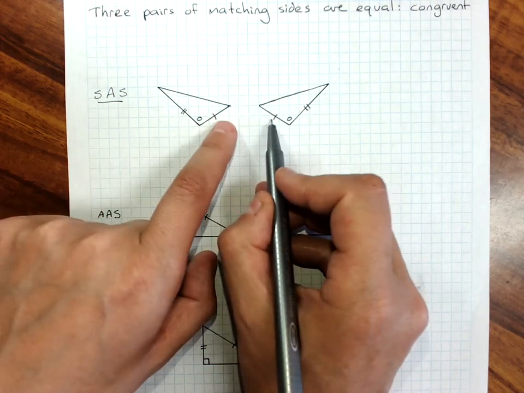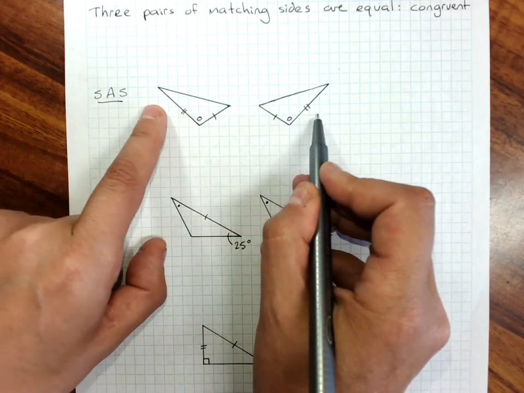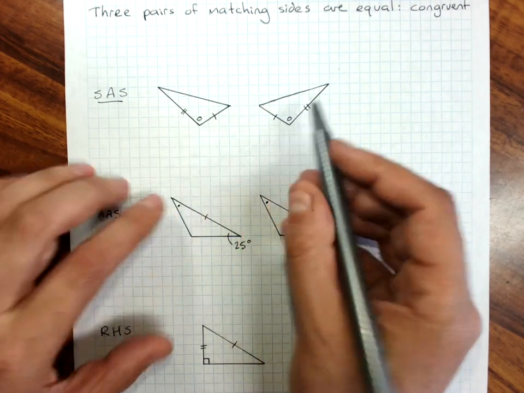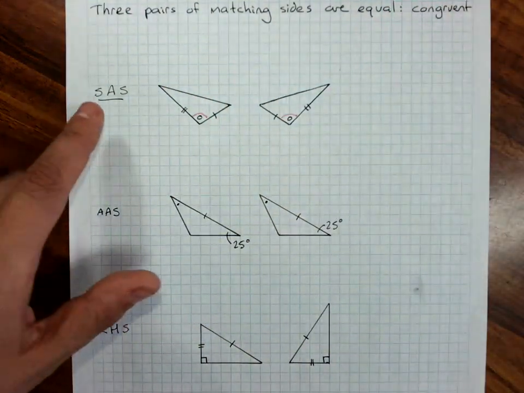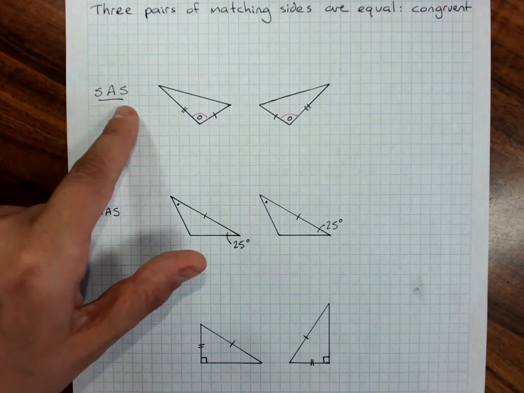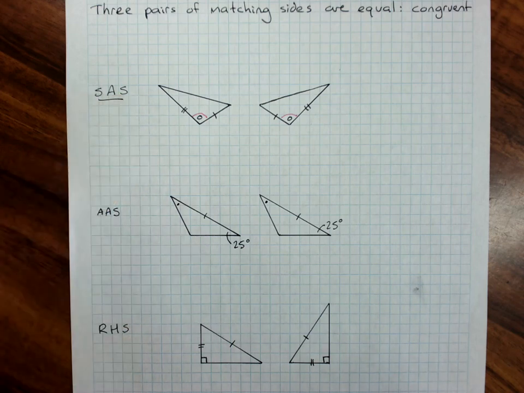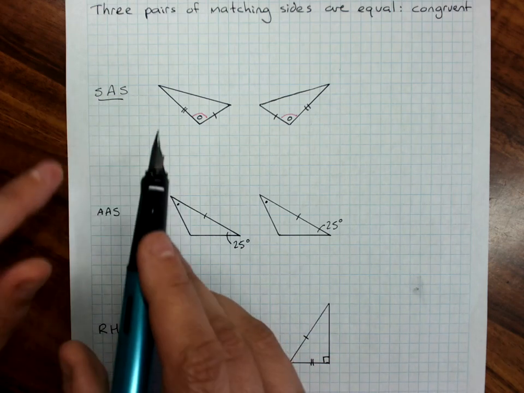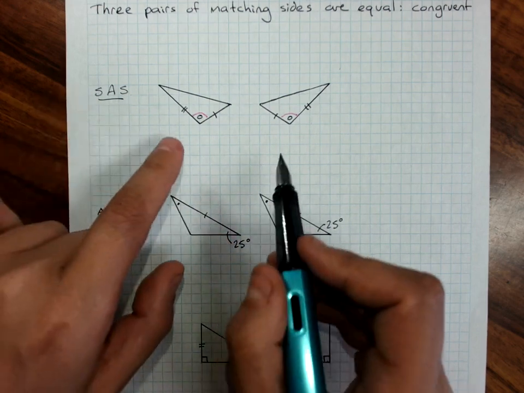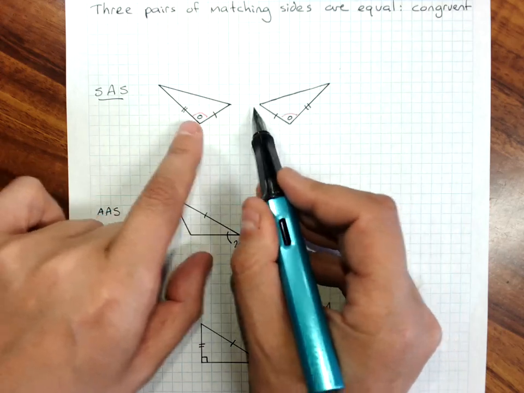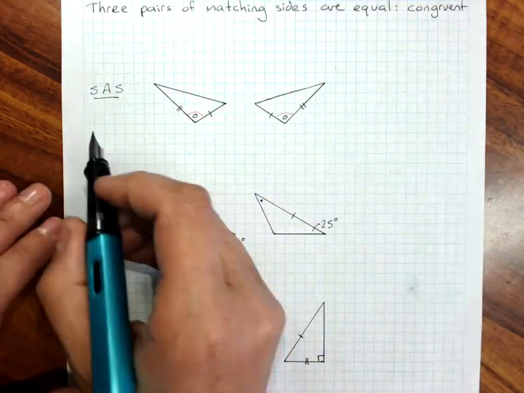So these 2 sides are equal, these 2 sides are equal, and the angle in between them is also equal. So we write side angle side, SAS, partly to avoid writing a rude word, but mostly because the angle has to be between the 2 sides, and that's called included angle. It's included between those 2 sides.